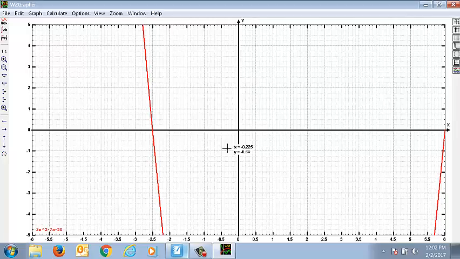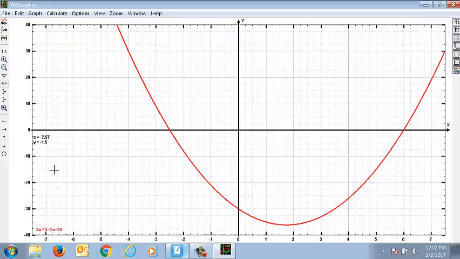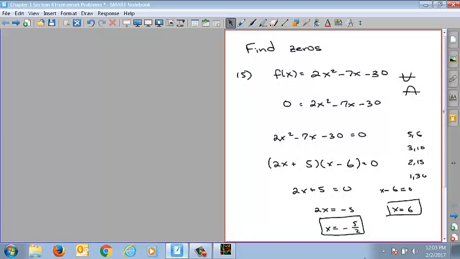And we graph it. And I'm going to zoom out a little bit. So you see we have an x-intercept of negative 2.5, which is negative 5/2, and we have an x-intercept positive 6. So that shows that we did it right.